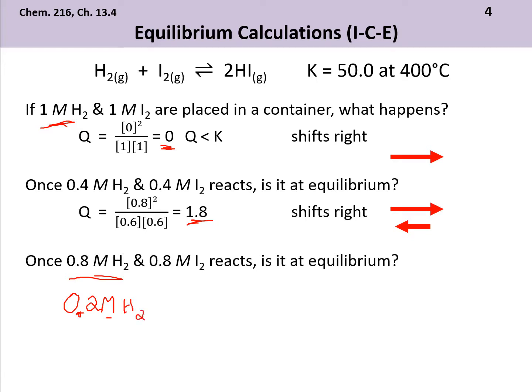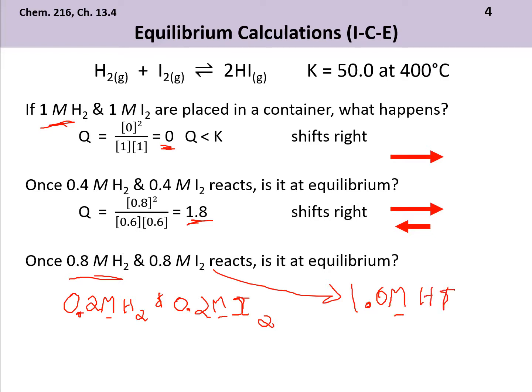So if 0.8 molar reacts, I would be left with 0.2 molar H2. I'd also have 0.2 molar I2. And if I had 0.8 molar of I2 reacting, that's going to form 1.6 molar HI.